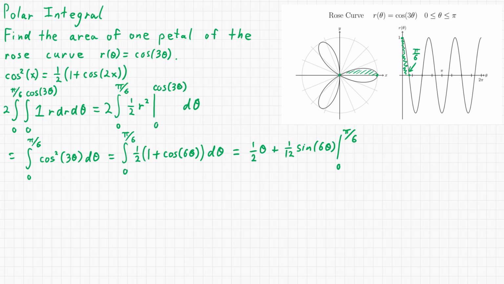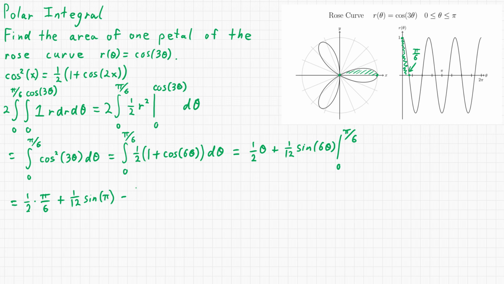So let's go ahead and do that. I have plenty of room down here, so 1/2 of theta from 0 to pi over 6 ends up being 1/2 times pi over 6. I'm not going to worry about the 0 because 1/2 times 0 is 0. Also my plus 1/12 sine of pi, because if I plug pi over 6 into theta, I get 6 times pi over 6, which is pi.